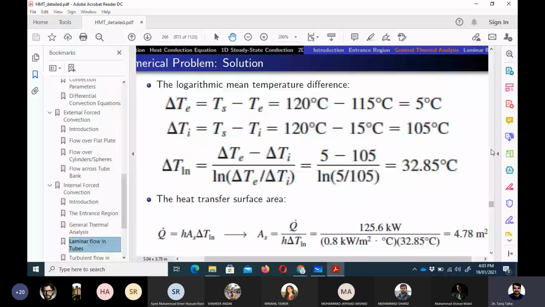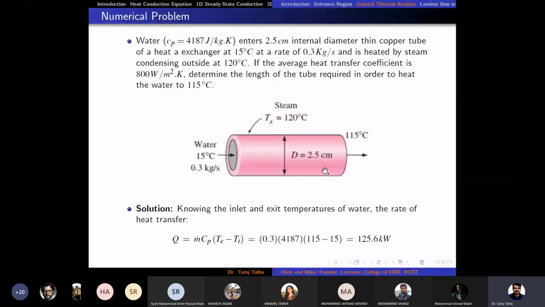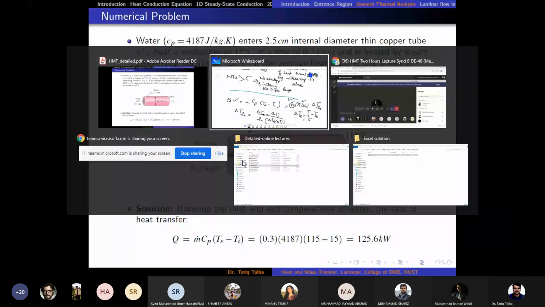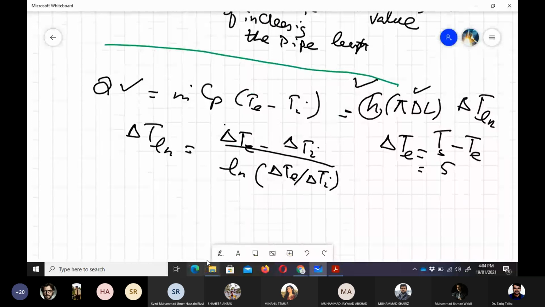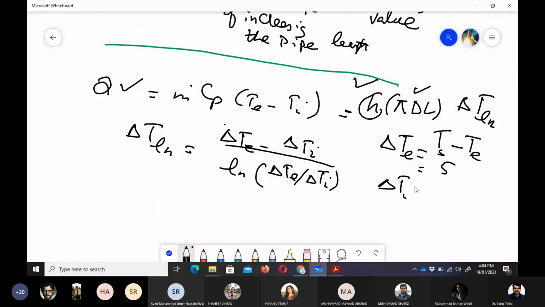So if we see here, then delta Ti would be 120 minus 15, that would be 105 degree centigrade.